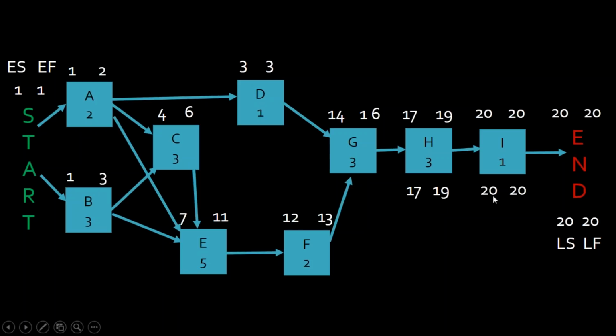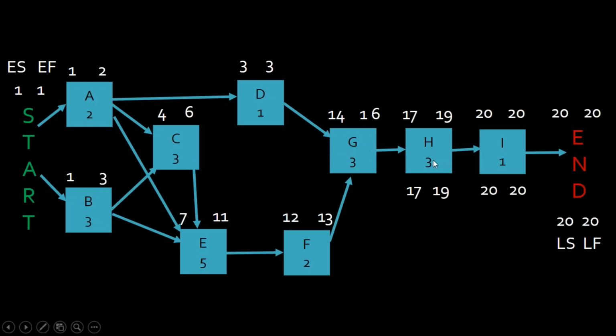I have to concern myself with delivering, because I cannot start any later. That means H, the latest it can be finished is day 19, which by 3 days means the latest it can start is back on day 17. Again, look at H, no wiggle room. Important. I'm going to show you what that means.